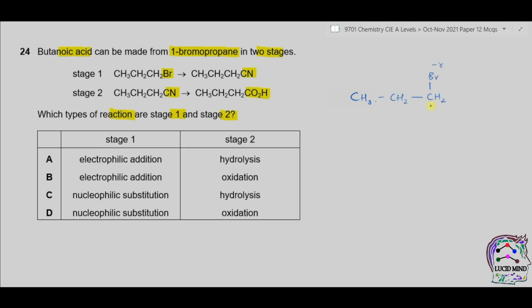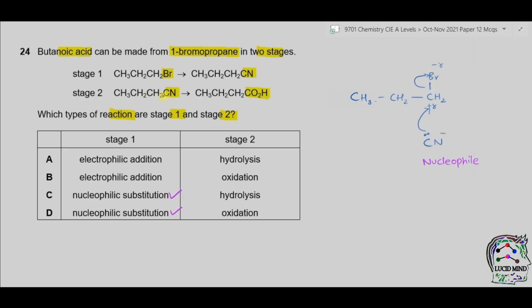Bromine is electronegative, carbon is electropositive, and in order to replace this, cyanide will attack this carbon atom and this bromine is removed or substituted. As we can see that there is a negative charge, therefore this is a nucleophile. This reaction is called a nucleophilic substitution reaction.